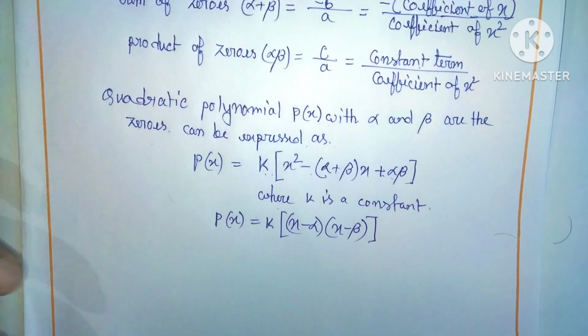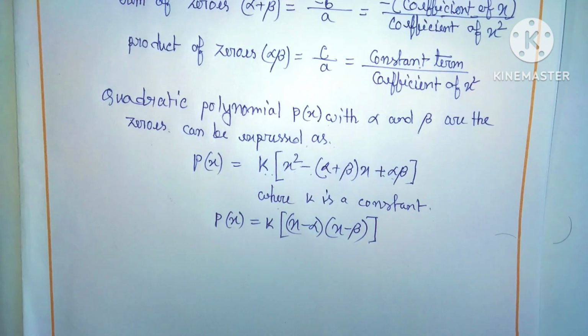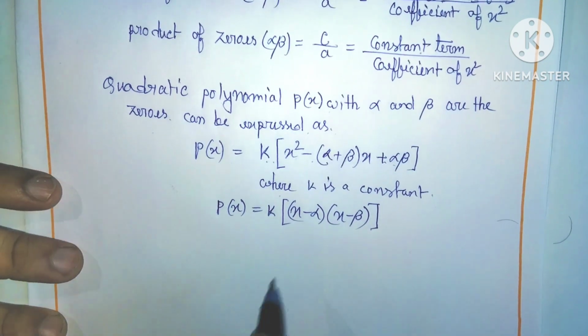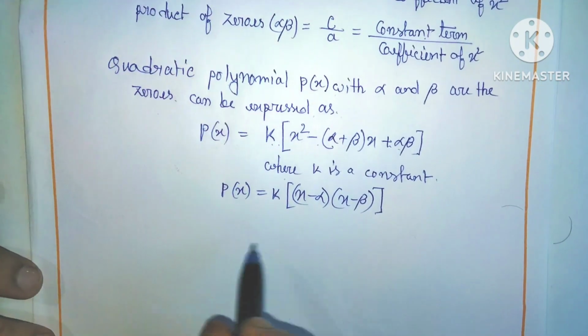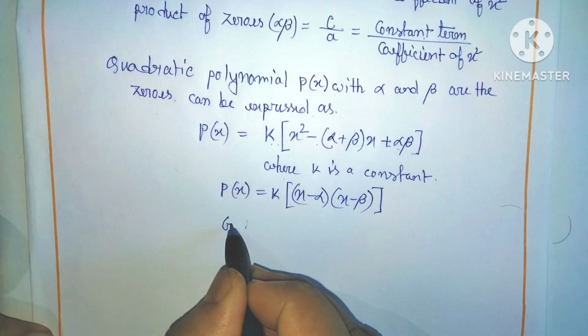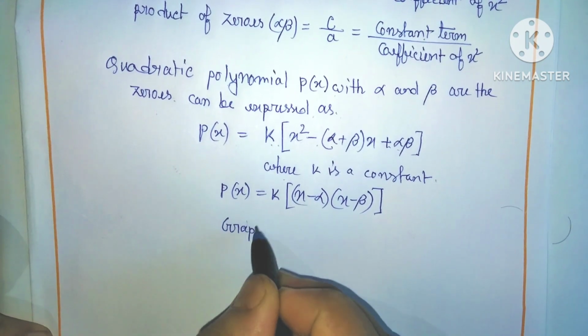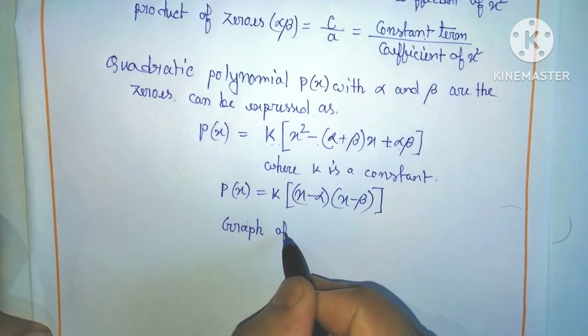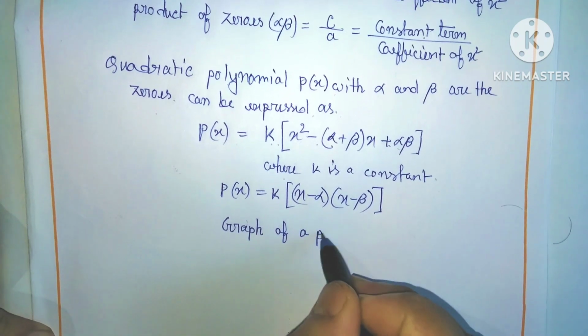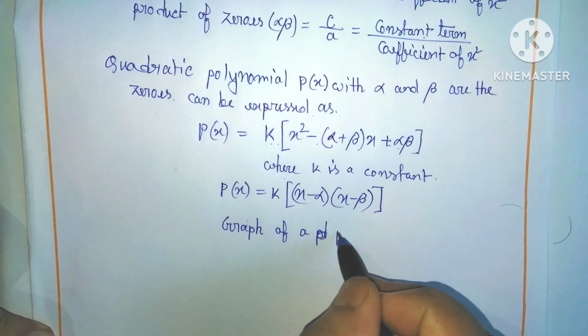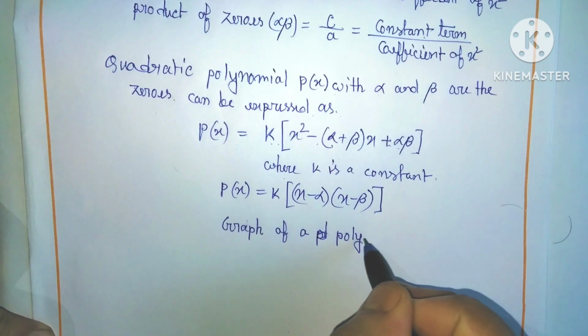And next, graph of a polynomial. Graph means geometrical representation.